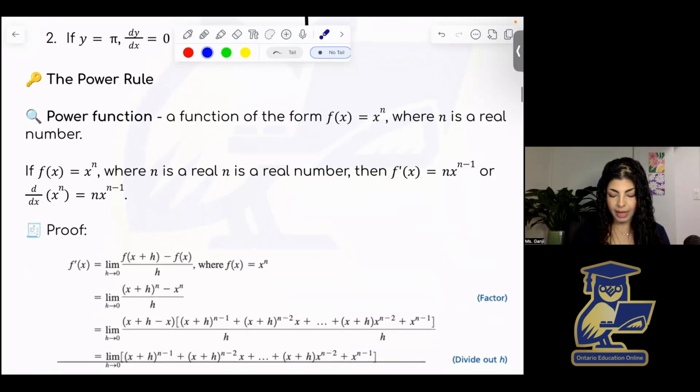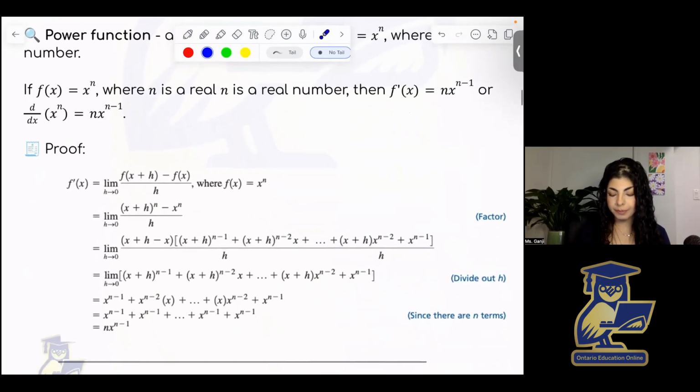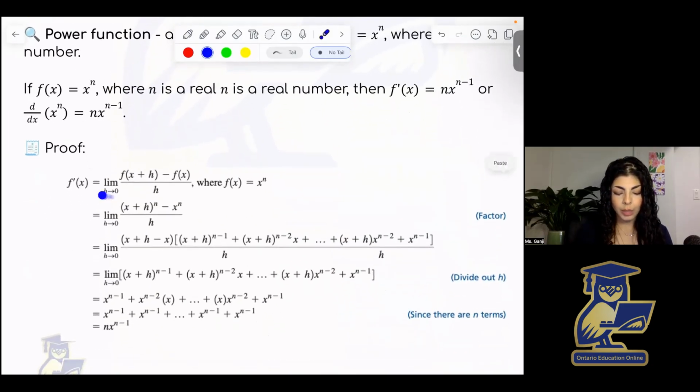The proof of this one gets a little bit more complicated, but if you start with that definition for x to the power of n, then here when you have x plus h to the power of n, this has to do with just expanding the polynomial, which is a bit complex, but you'll end up with all the powers, and then they would have the h in there, where h goes to 0.